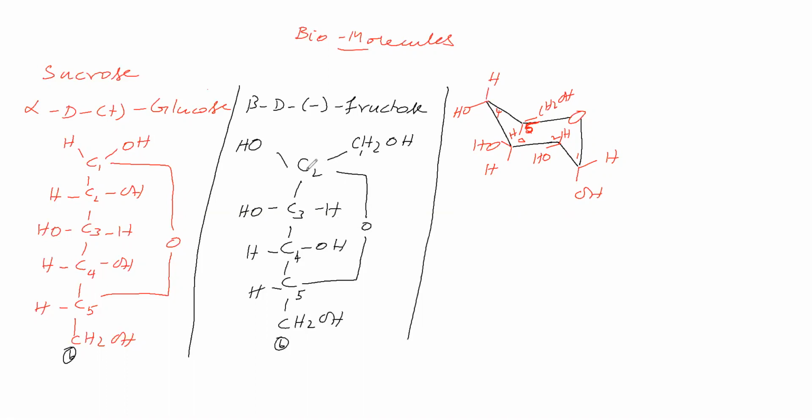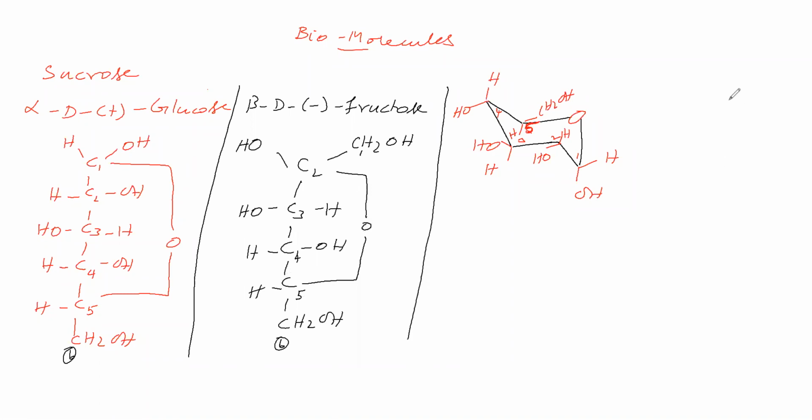Now in this cycle, how many atoms are there? 4 carbon atoms plus 1 oxygen atom, so totally 5 atoms are present.